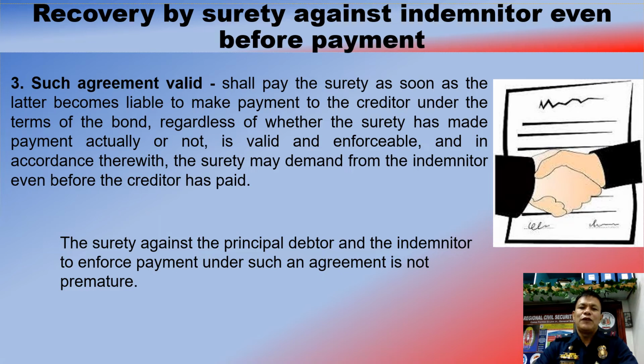A stipulation, therefore, in an indemnity agreement providing that the indemnitor shall pay the surety as soon as the latter becomes liable to make payment to the creditor under the terms of the bond, regardless of whether the surety has made payment actually or not, is valid and enforceable, and in accordance therewith, the surety may demand from the indemnitor even before the creditor has paid. Hence, an action by the surety against the principal debtor and the indemnitor to enforce payment under such an agreement is not premature.